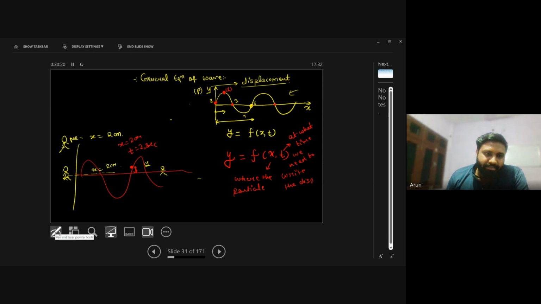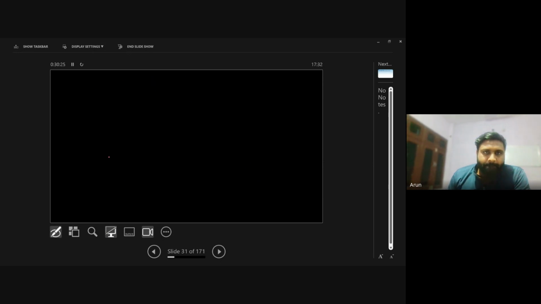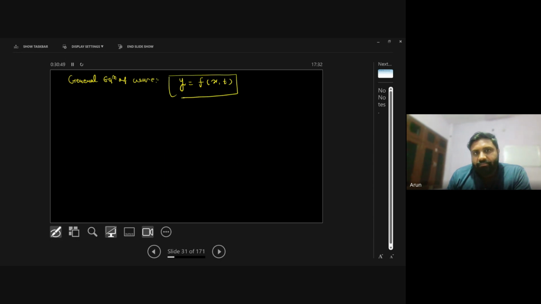So the general equation of a wave, or you can also say the general wave function, is y equals a function of x and t. Got it?